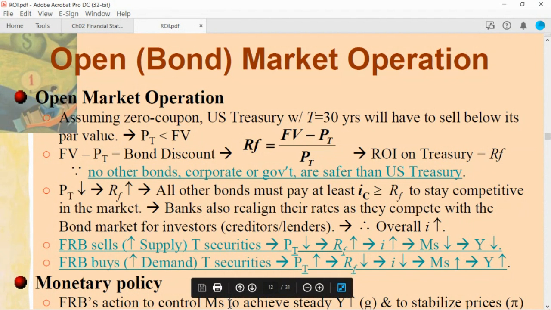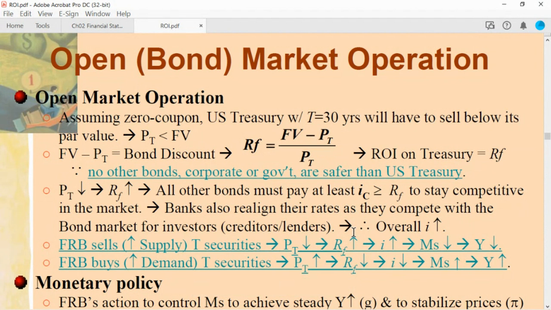And then the banks will also realign their rates because banks are also borrowing money, isn't it right? Banks are competing with the bond market to get your deposits.